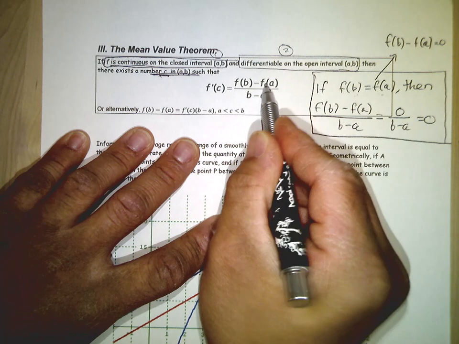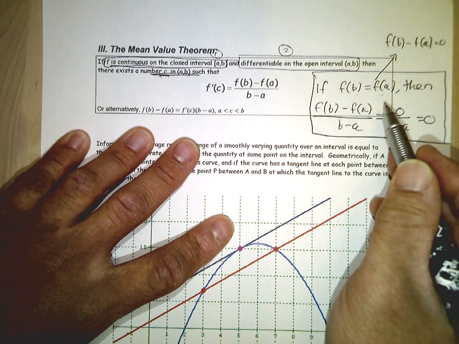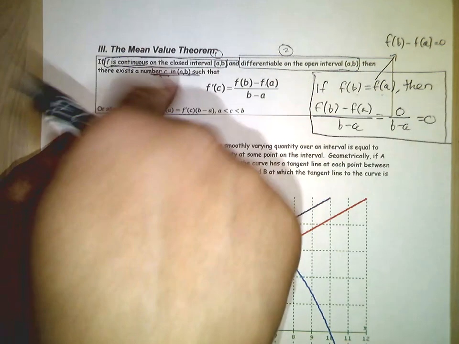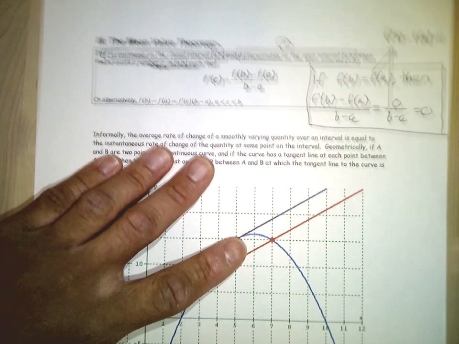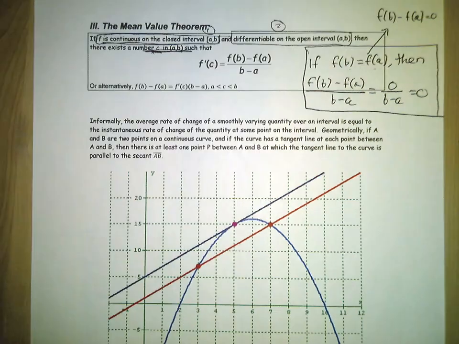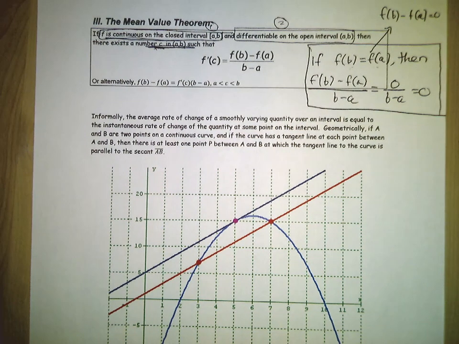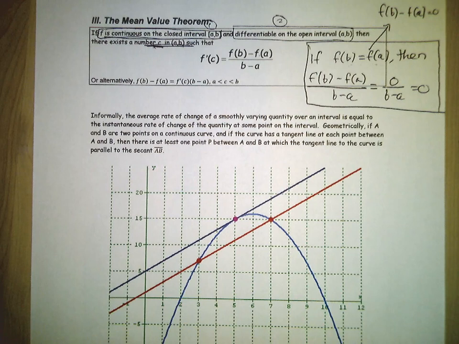Then you substitute the 0 in here. You get 0 over b minus a, which is 0. And this is Rolle's theorem, all right? So mean value theorem is actually just a more general case. And we don't really need to use Rolle's theorem very often because of this.